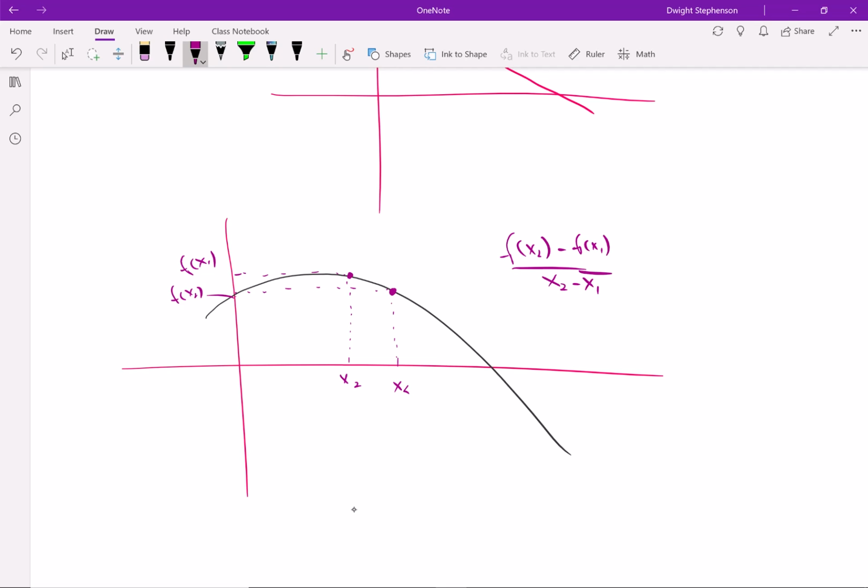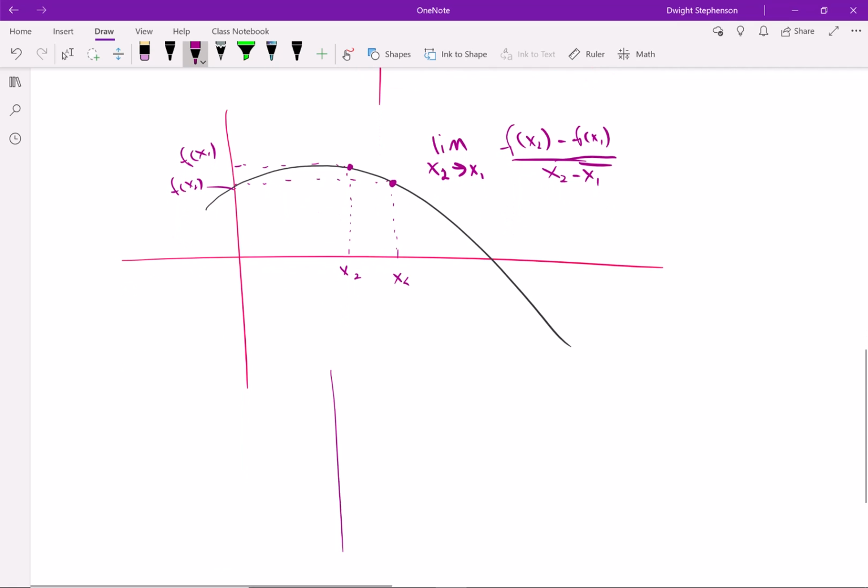And what we saw is that the slope of this line becomes the slope of the tangent line if x2 gets close to x1, right? So what we would say is that I'm going to introduce you to a notation. We'd say as x2 gets close to x1, right? If I find the limit, which is basically just making x2 get close to x1, then this will become the slope of that secant line.